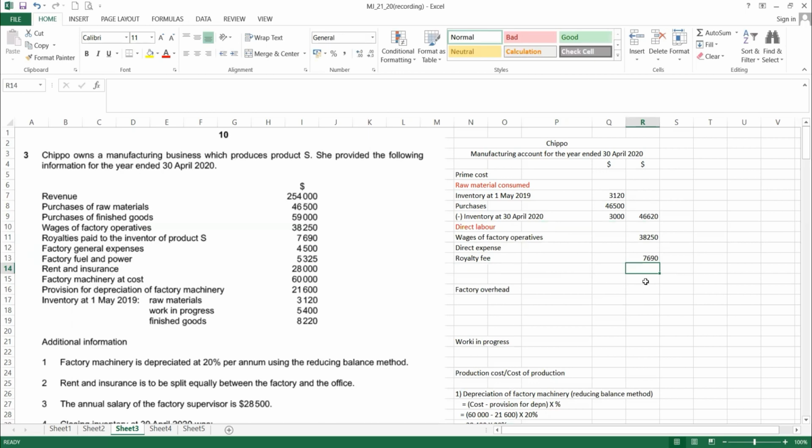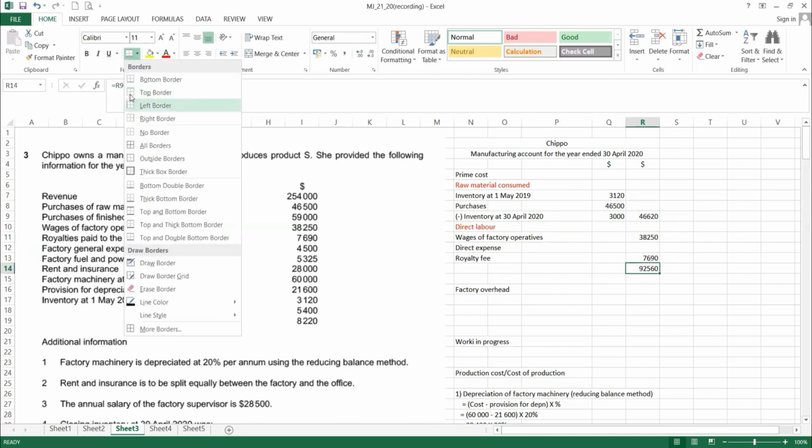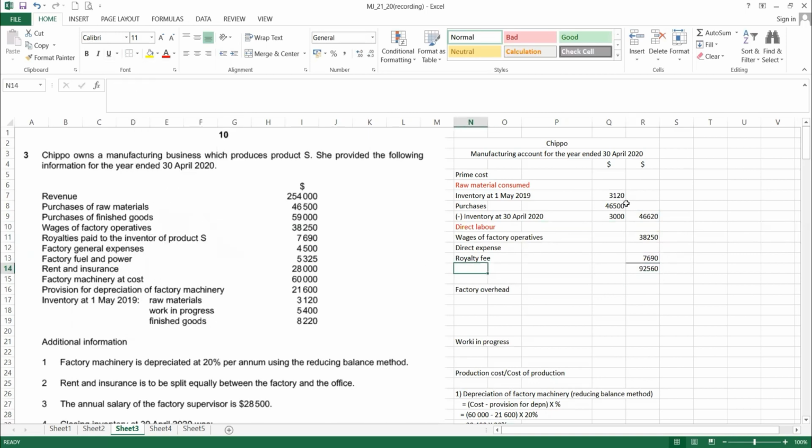So these three direct costs we add, and don't forget in this amount, put in prime cost. This term must be there. Must put in prime cost total how much. Okay, that is about the format for the manufacturing account.